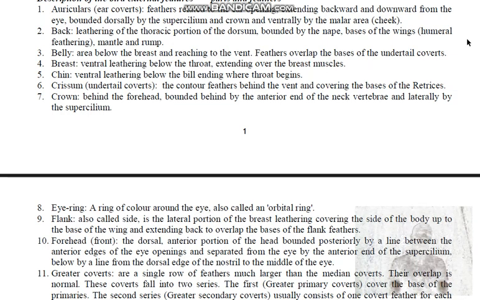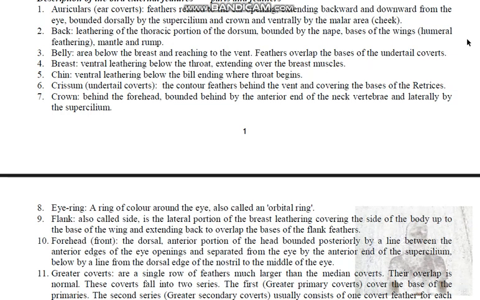The back is the second topographical feature. It is the feathering of the thoracic portion of the dorsum, bounded by the nape, the bases of the wing, the mantle and the rump.